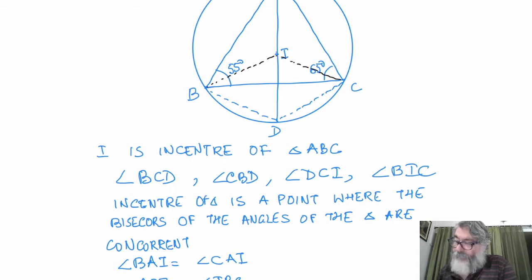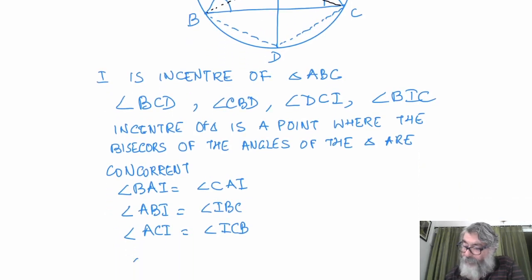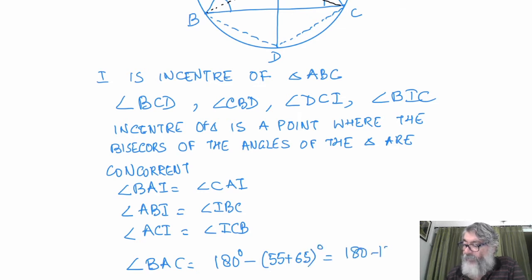Now we know this is 55, this is 65. 55 plus 65 is 120. So angle BAC will be 180 minus (55 plus 65), that is 180 minus 120, which will come out to be 60 degrees.